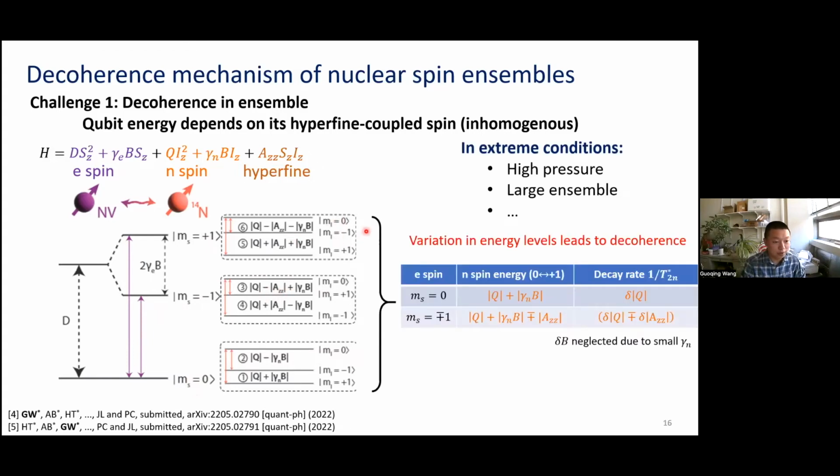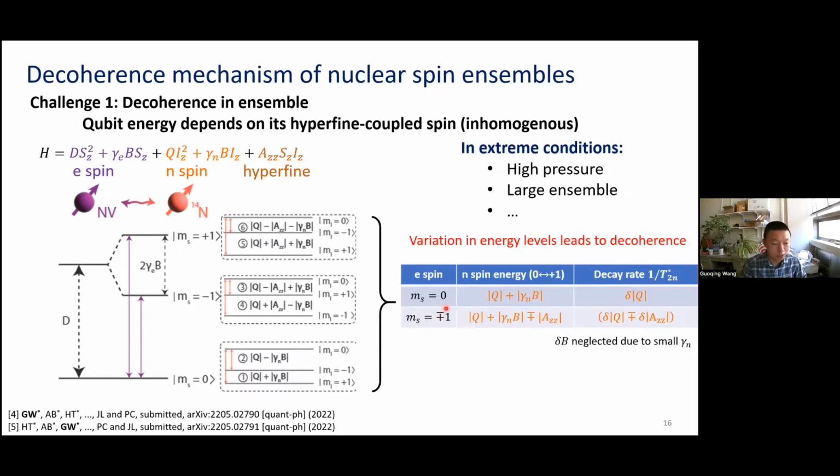If you look at the variations of the nuclear spin energy levels, for example for ms equal to 0, the nuclear spin energy between 0 and +1 is Q plus gamma_n B. Typically, for nuclear spin, its coupling to the magnetic field is very small because of a small gyromagnetic ratio gamma_n. So usually this contribution from the magnetic field coupling is small, while the contribution from its intrinsic interaction, including this quadrupolar term and also this hyperfine term for ms equal to ±1, is more important.